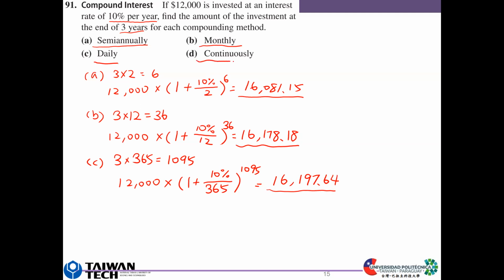it compounds continuously, and if it is compounded continuously, it can be written as 12,000 multiplied by e to the power of 10% times 3.